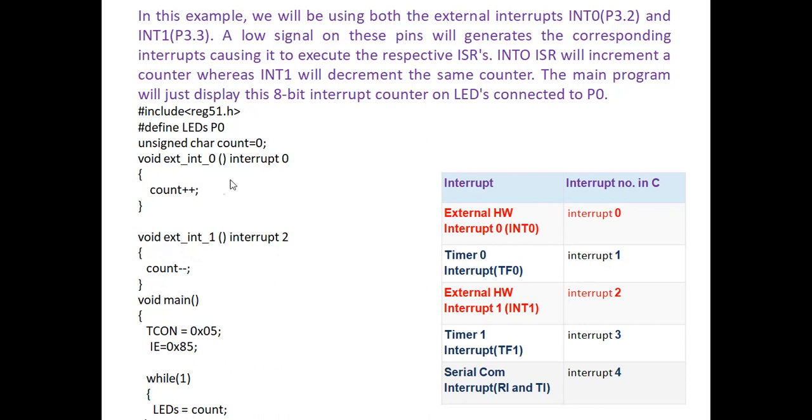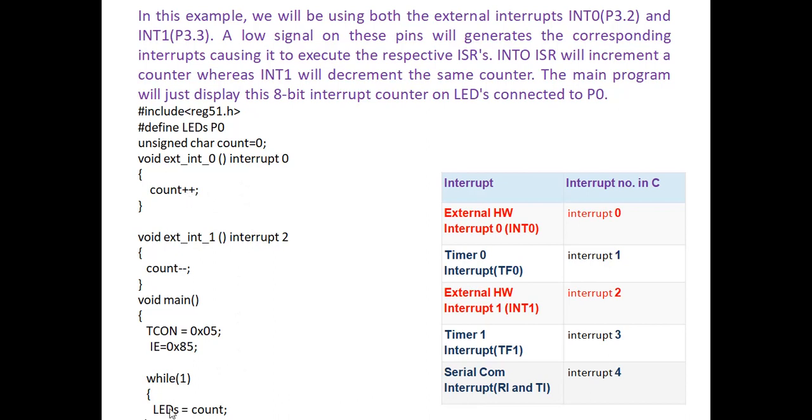For this interrupt, the count value is going to be plus plus. Again, whatever value is in count is displayed on the LEDs. Automatically it comes back to the original. Already I told you that the flags related to interrupts as well as timers are cleared automatically. As a programmer, you need not clear them with the help of the program. In 8051 interrupts, there is no need to clear any of the flag bits.